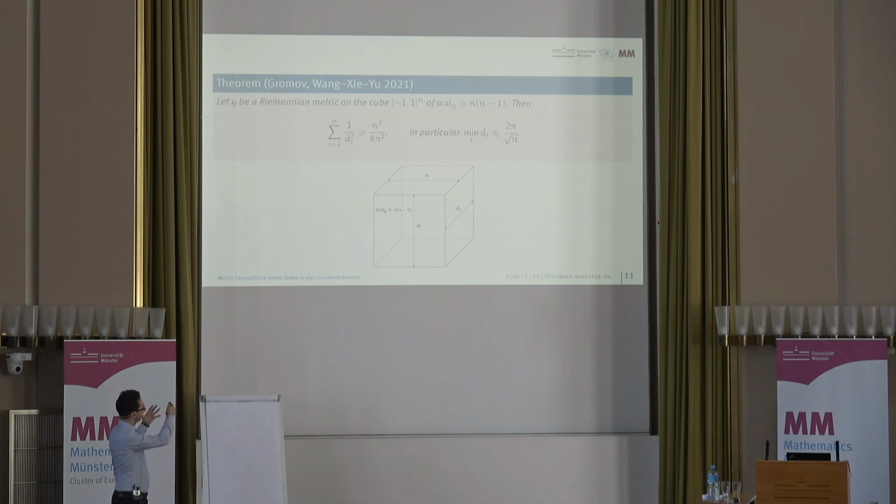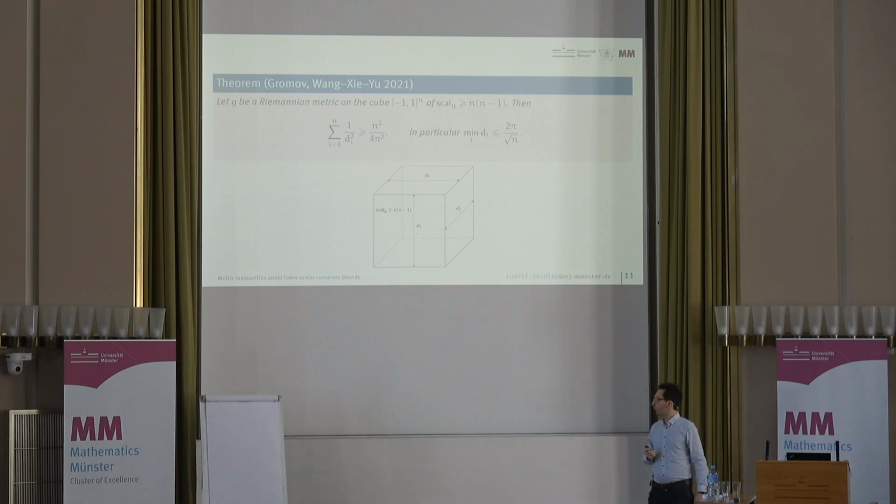It tells you that if you have positive scalar curvature, then there must be, in a certain sense, one direction which is relatively small. And that can be proved by iterating this idea of adding a potential to the Dirac operator. You can iterate it by adding multiple potentials, and you'll obtain that result.